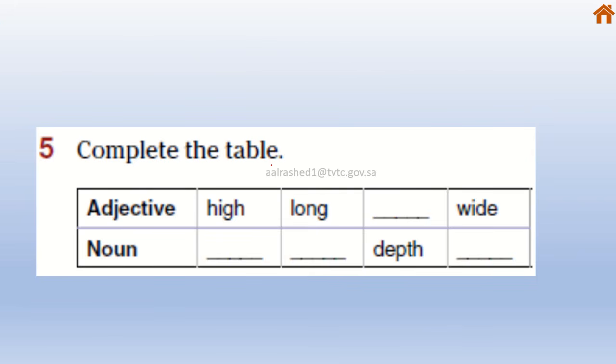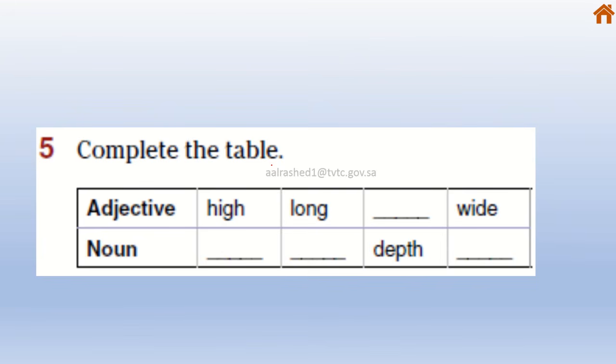Okay, we specifically talked about dimensions, and we said that most words in English could be divided or used in different forms. We have adjectives, nouns, verbs.